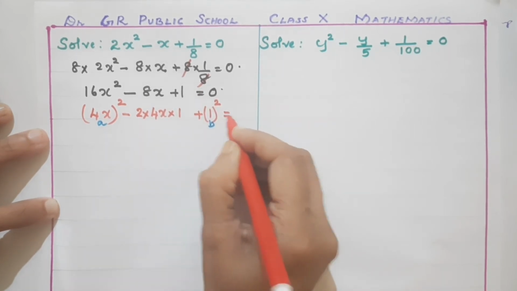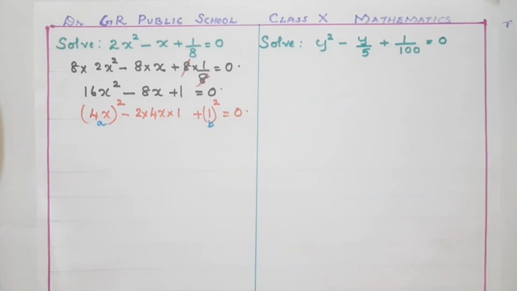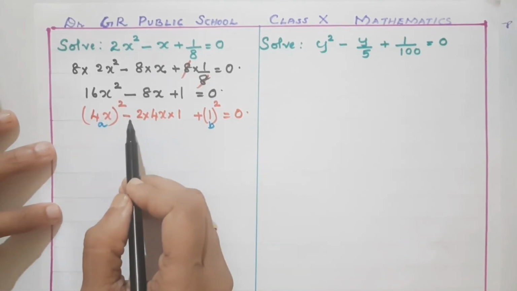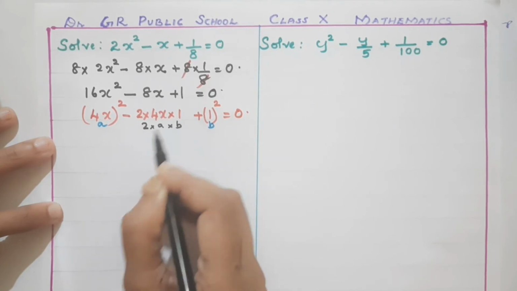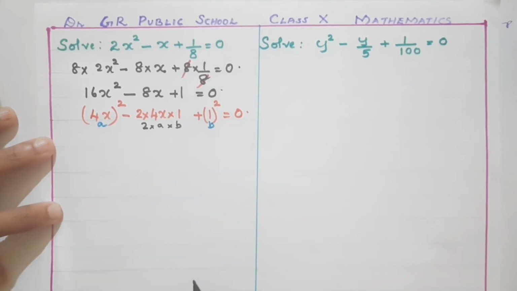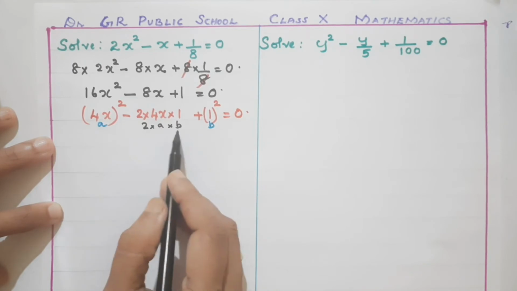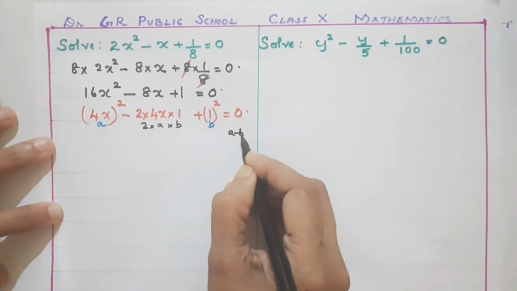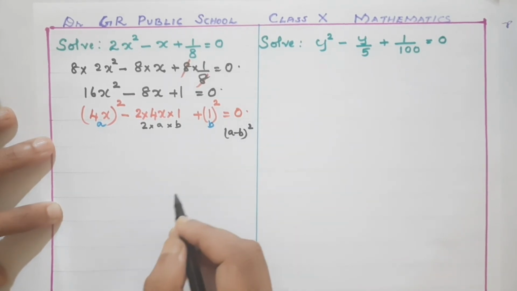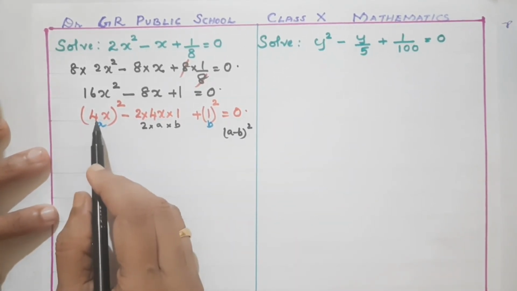Now we have equal to 0. Now which identity form? A square minus 2 into a into b plus b square form. What is a square minus 2ab plus b square? A minus b the whole square, isn't it? So here what is a? 4x.